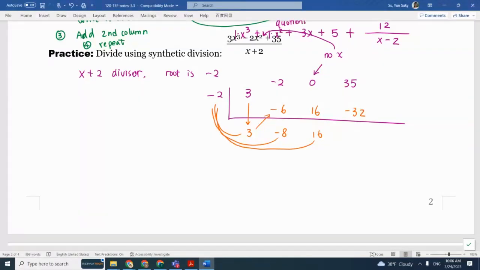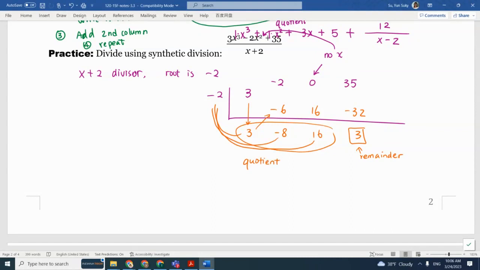Right, everybody? And then when you add them, you get what? 3. So the remainder is 3.